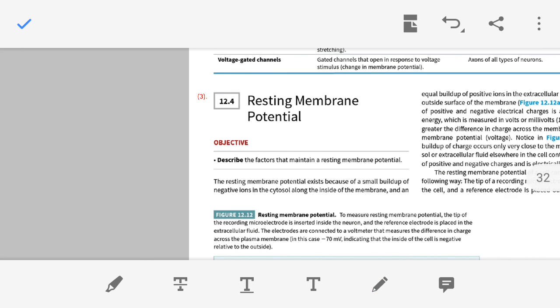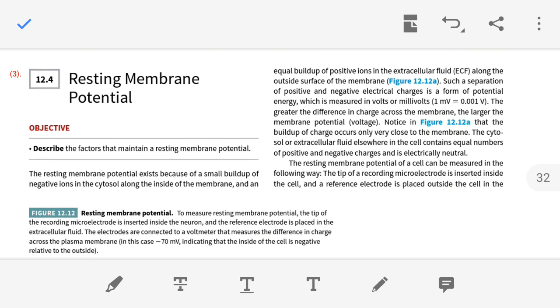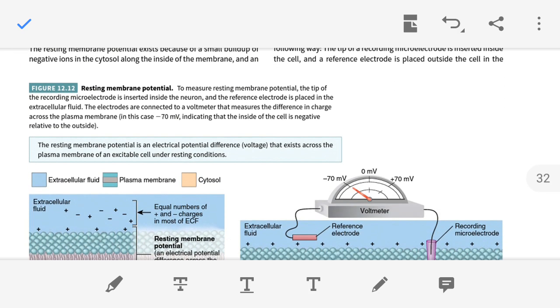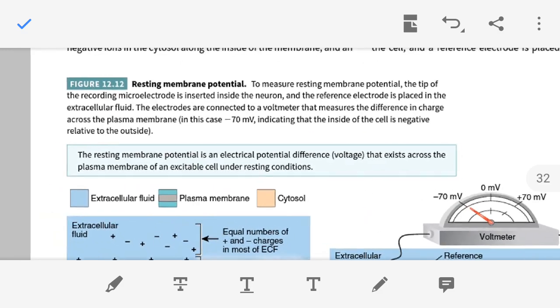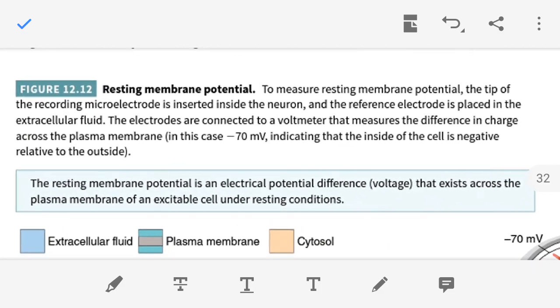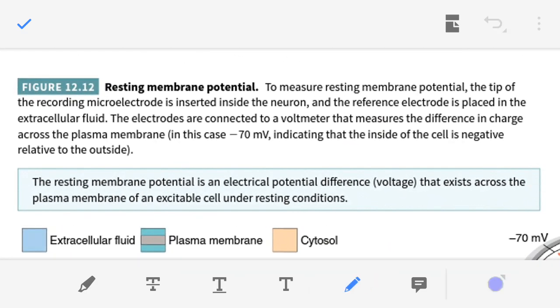Now, what is resting membrane potential? What is the meaning of this resting membrane potential? Okay, so see, resting membrane potential is the potential when the nerve impulse is not propagating through the neurons.